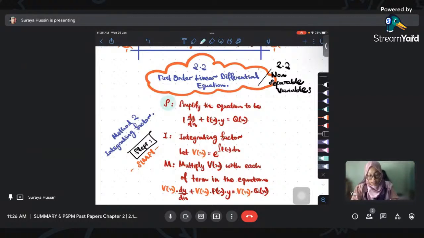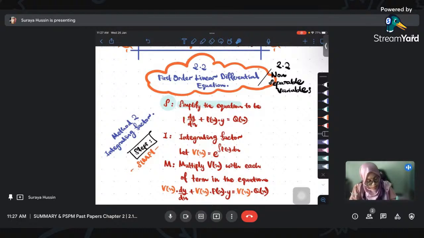S is referring to simplify. The word simplify. Why do we need to simplify the equation? Because for certain questions, it does not start from coefficient 1. Certain questions give coefficient 2 or coefficient X. Sometimes it is not a single dy dx.